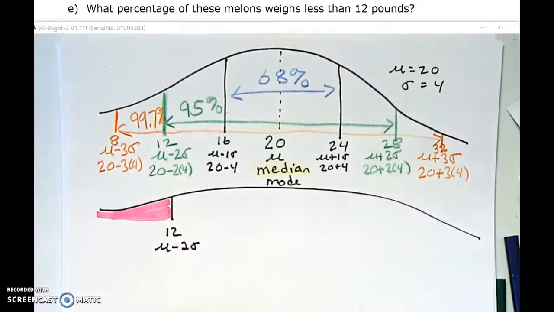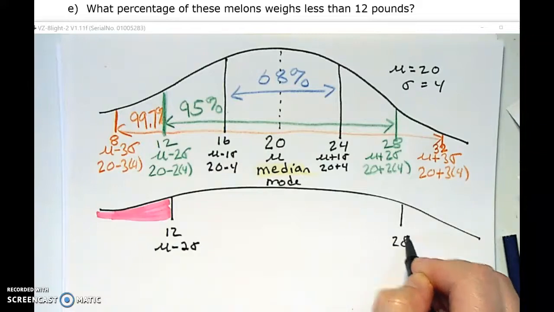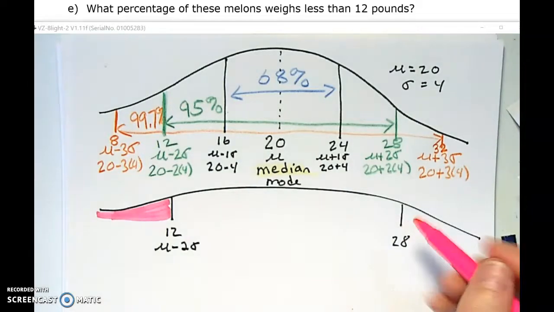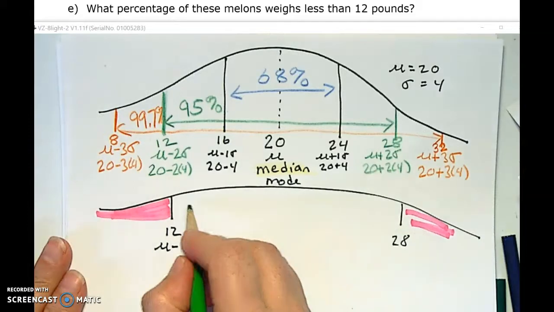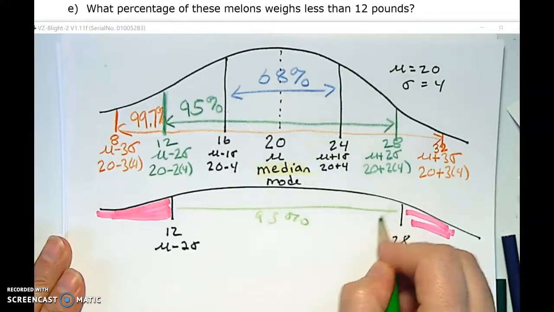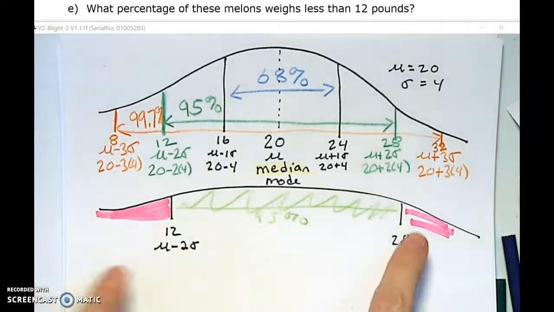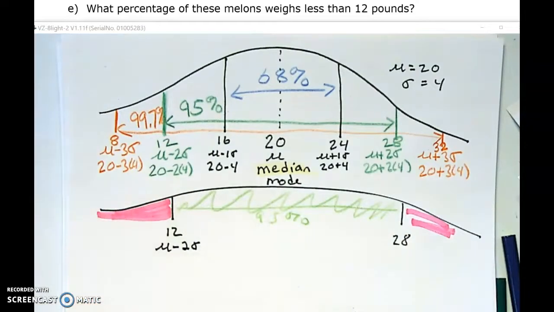So if 95% is in between, let's put in our 28, and here's looking at the tails. If 95% is in here, then what's left of 100% is 5%. So 5% then is remaining outside of there.